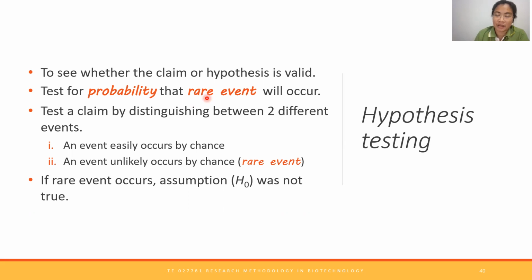For example, if you want to say that temperature has an effect on growth, and you do the hypothesis testing, and the result comes out that temperature has an effect on growth, that means the rare event has already occurred.